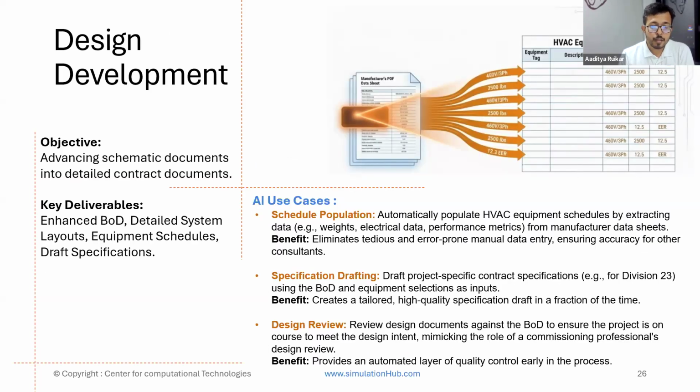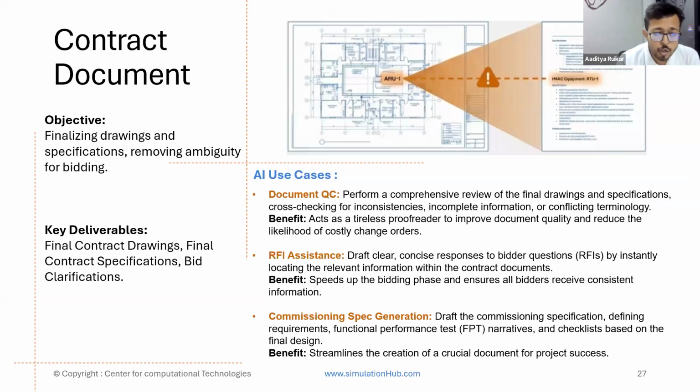Also, it can help in contract documentation, like creating RFIs and functional performance test cases. It can go and check whether all the drawings are correct or not, and whether there is any conflict in terminologies. It can check contract specifications.